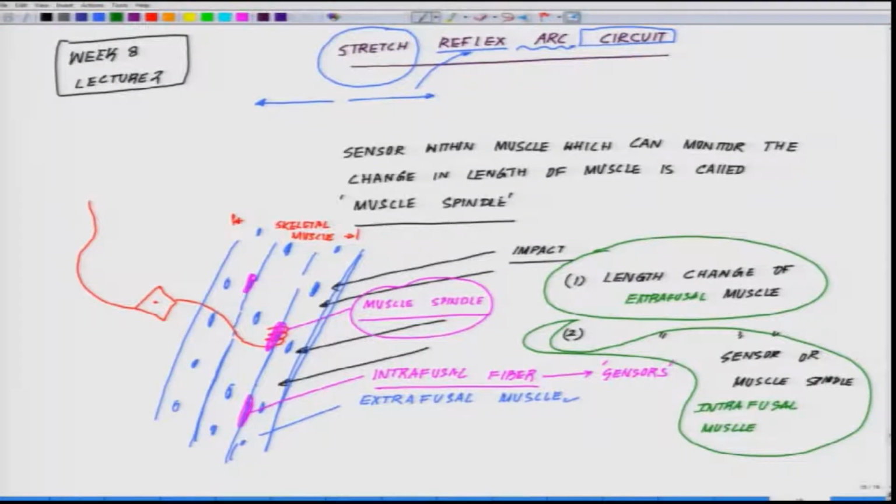Once the muscle gets a hit, the muscle spindle length changes and a signal is generated at the level of the muscle spindle.